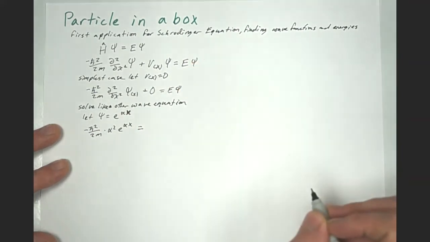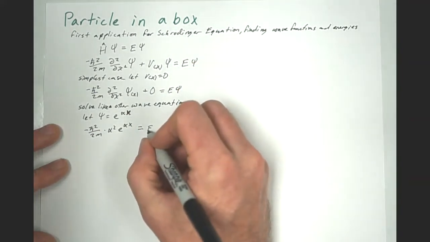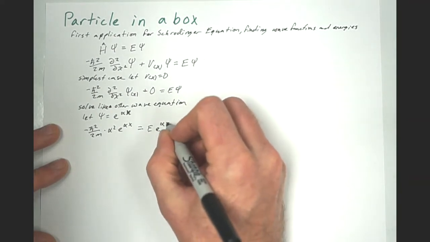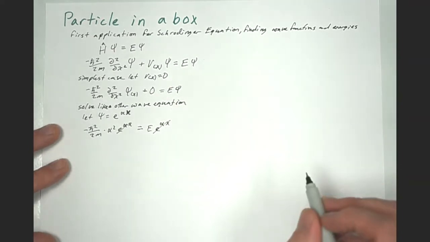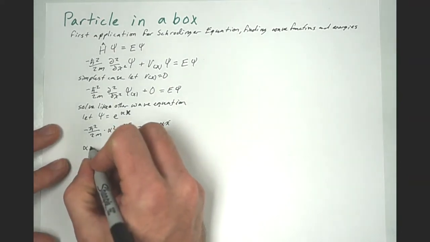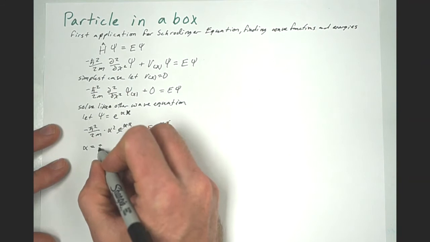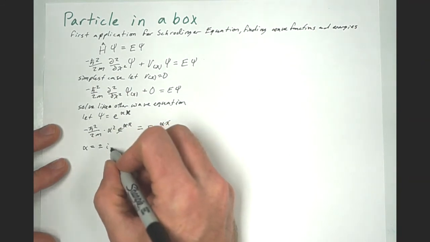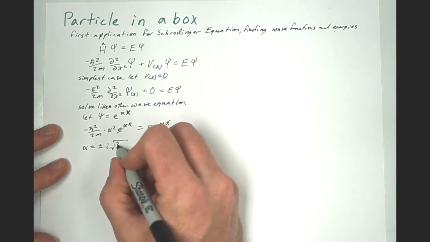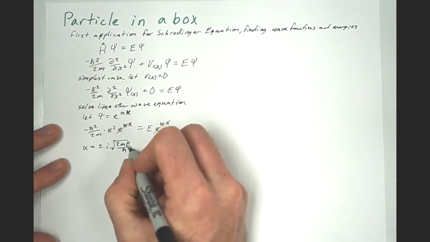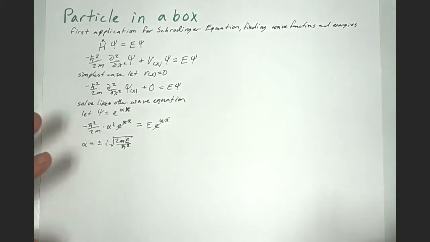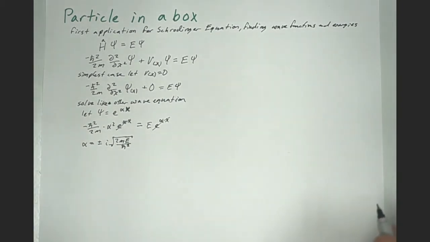That's just equal to E times e to the alpha x. We can cross those out, and we find alpha equals plus or minus i root 2mE over h bar squared. So we have a solution for alpha.